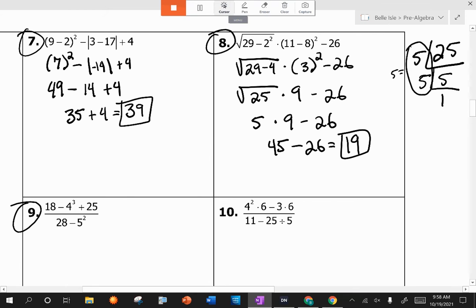Okay, there's 7 and 8. Keep working. Or start working for some of you.